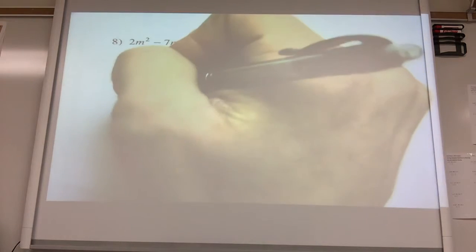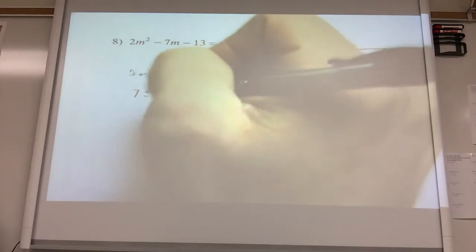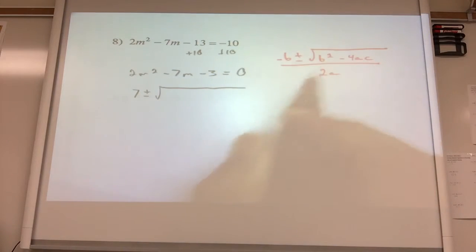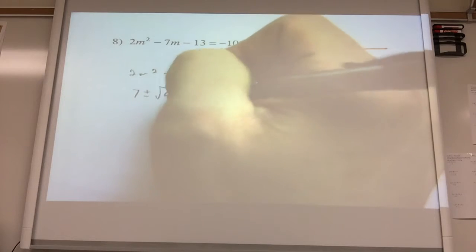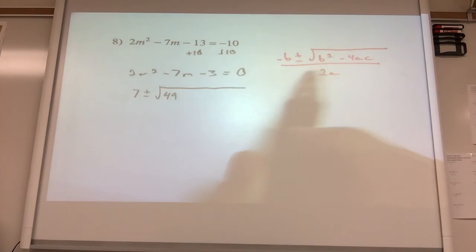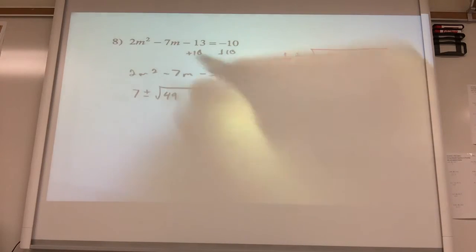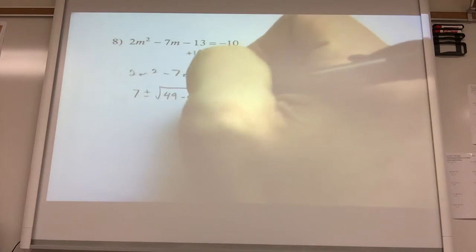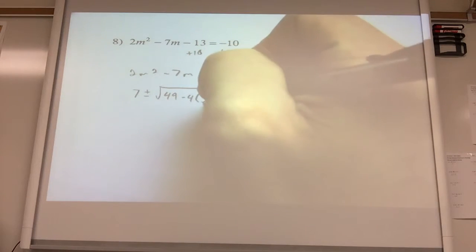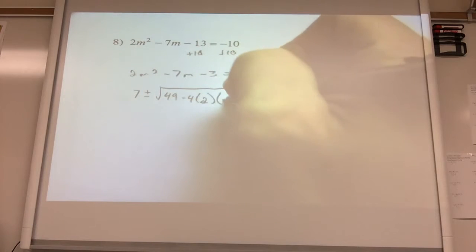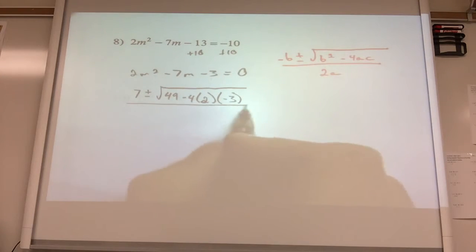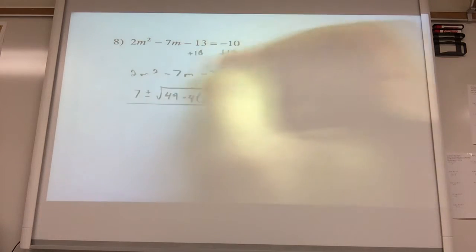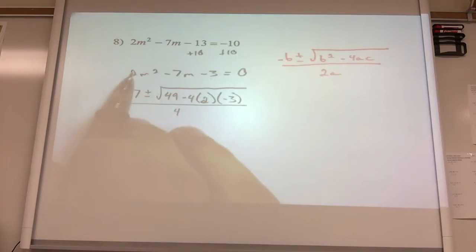So negative b, which is positive 7, plus or minus the square root of b squared, that's negative 7 times negative 7, so that's 49. Keep in mind, b squared is never going to be negative. So b squared minus 4 times a, which is 2, times c, which is negative 3. All of it over 2 times a. 2 times a is going to be 4. 2 times 2 is 4.